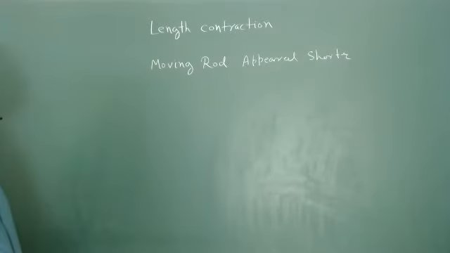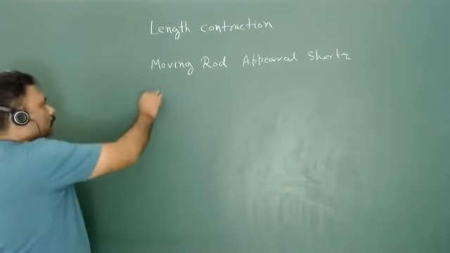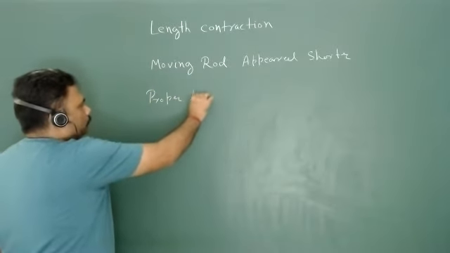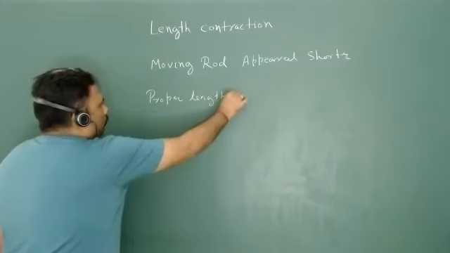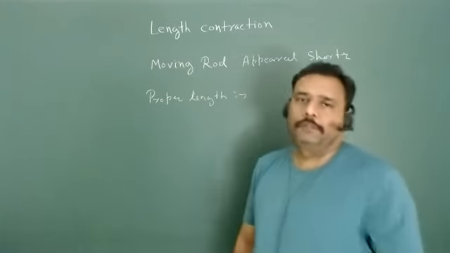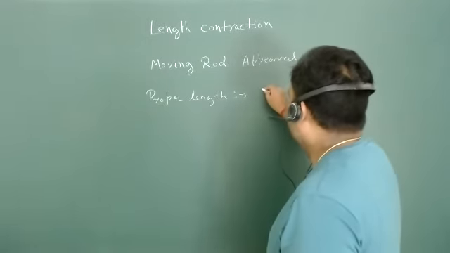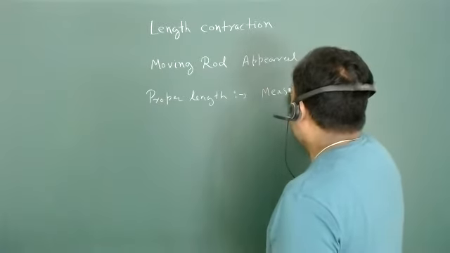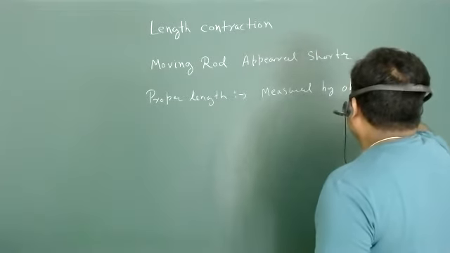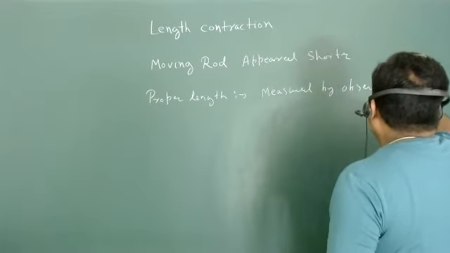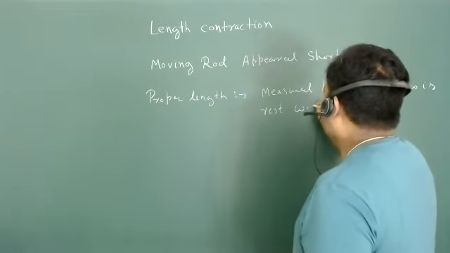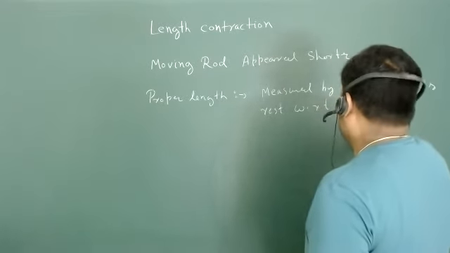First we have to define what is proper length. Proper length is measured by an observer who is at rest with respect to the rod.